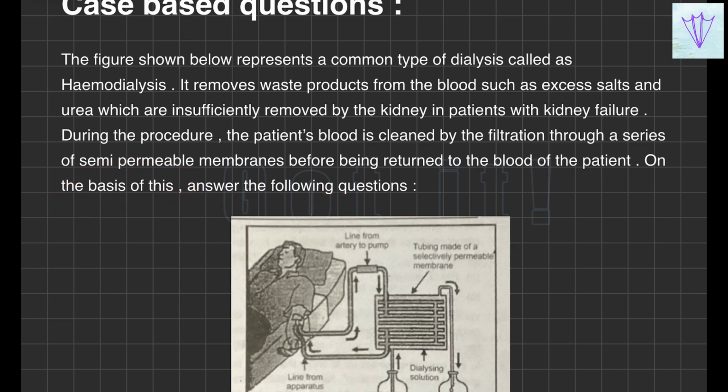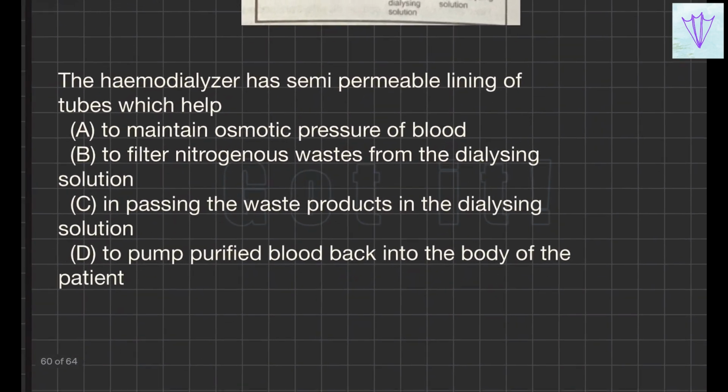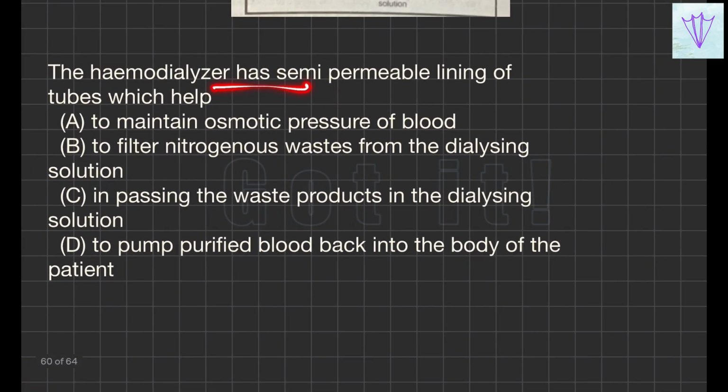The first question is: a hemodialyzer has a semi-permeable lining of tubes which help either to maintain osmotic pressure of the blood, to filter nitrogenous waste from the dialyzing solution, in passing the wastage products in the dialyzing solution, or to pump the purified blood back.